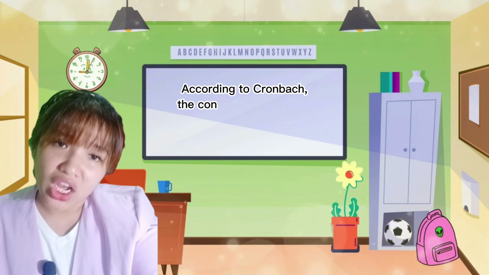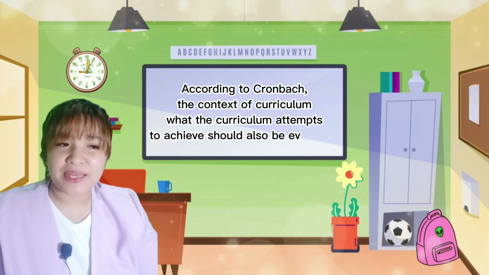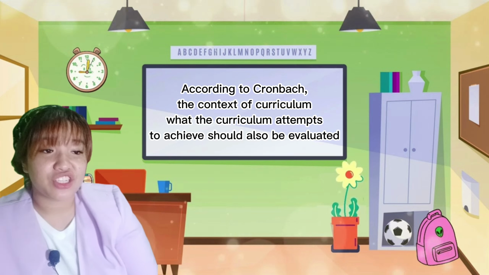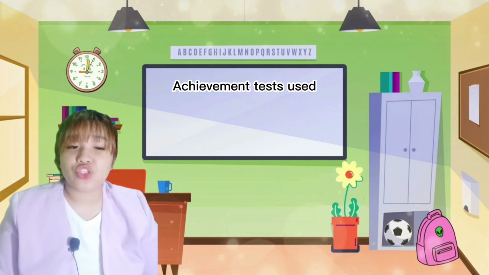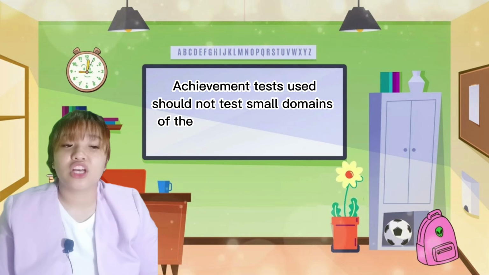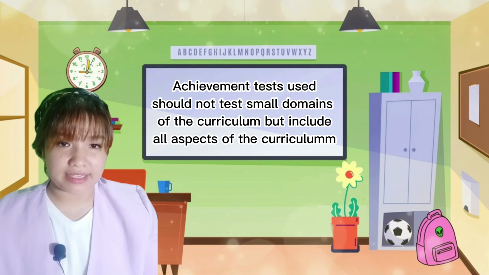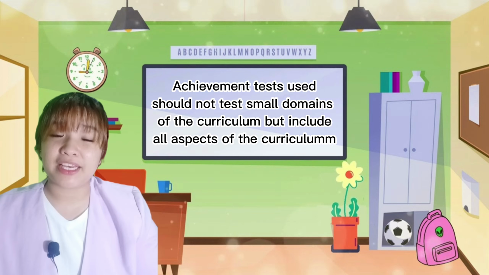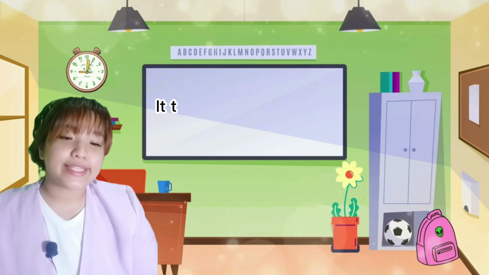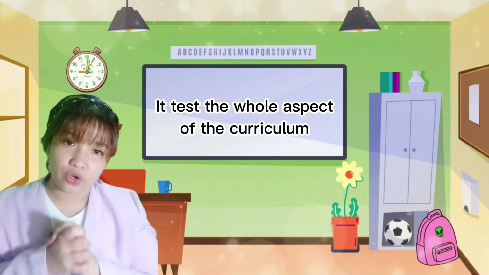According to Cronbach, the context of curriculum, what the curriculum attempts to achieve, should also be evaluated. The achievement test should not test small domains. It should test larger groups of domains of the curriculum and include all aspects of the curriculum. So it tests the whole aspect of the curriculum.